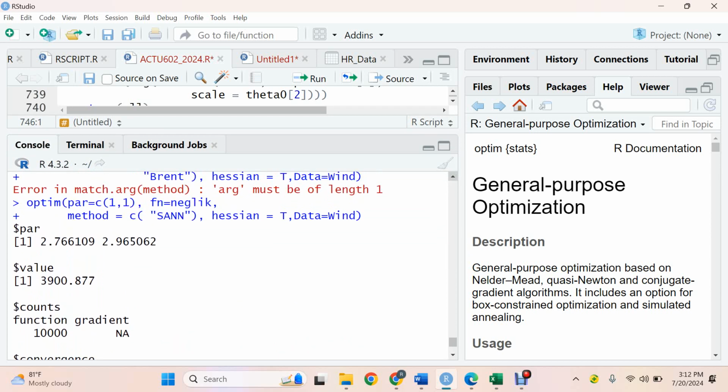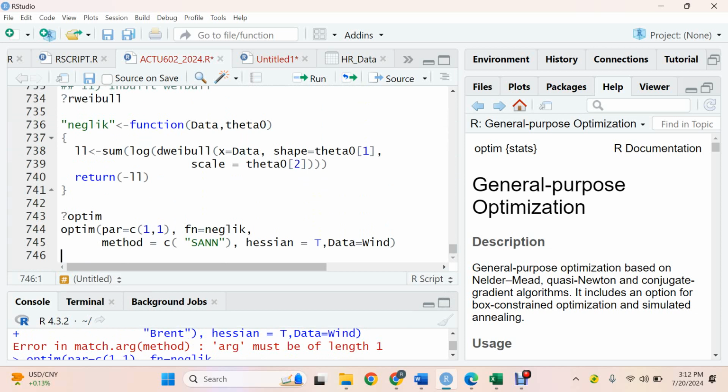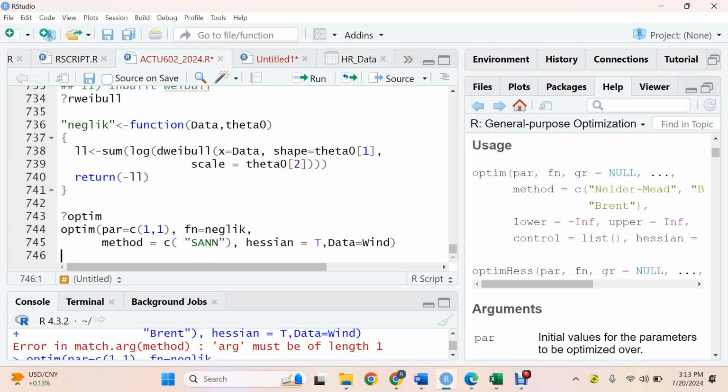We are not restricted to any. That's what I'm saying, that as you go on, some of the methods will not work, and some require constraints. So if I want to use the L-BFGS-B, these ones, you need to now provide a lower bound and so forth.